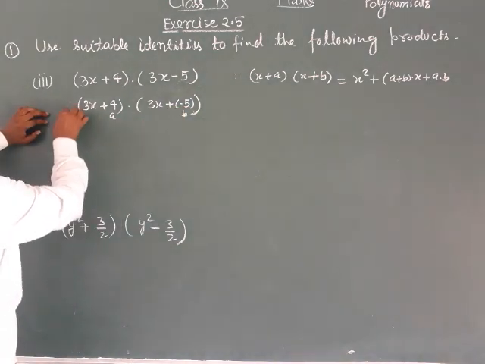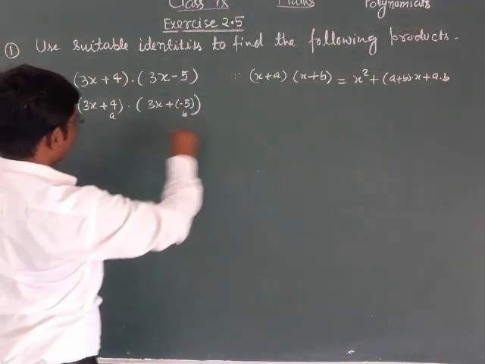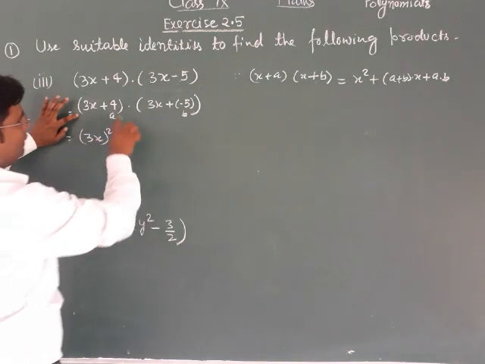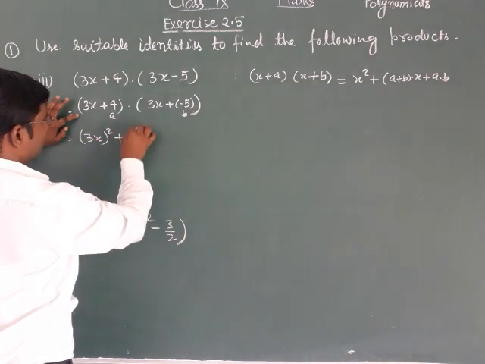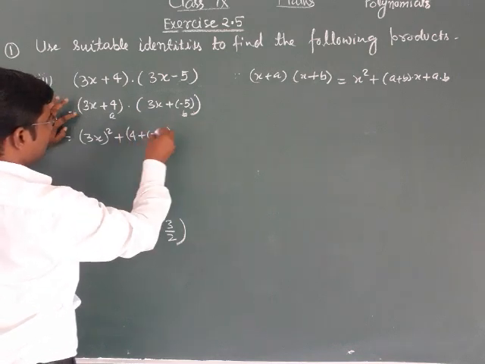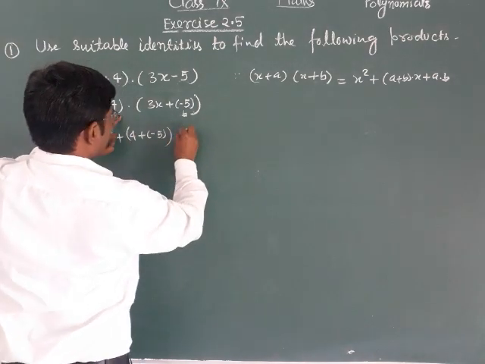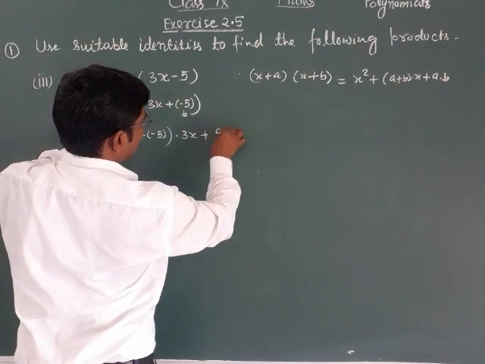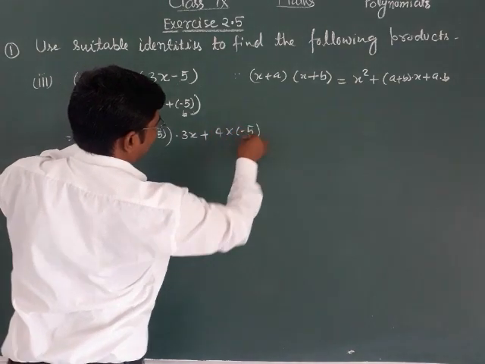So use the identity. 3x square plus (a + b), that is (4 - 5), into 3x plus 4 into (-5).